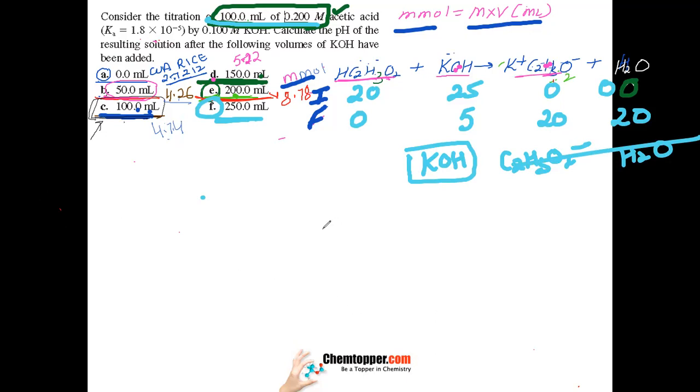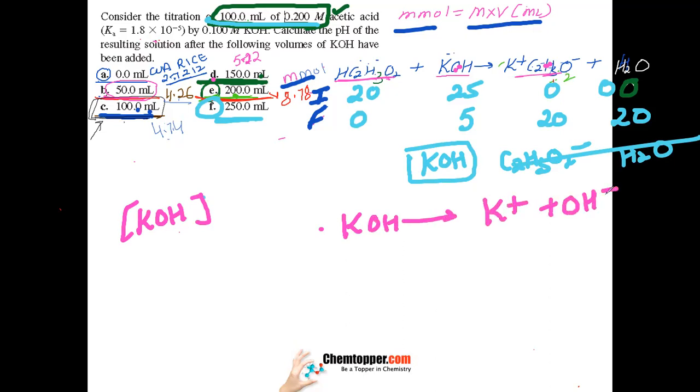So we need to know the concentration of this KOH. Because to know the pH, I need the concentration because it's a strong base. It's going to dissociate completely into K plus and OH minus. I need to know the concentration of OH minus.